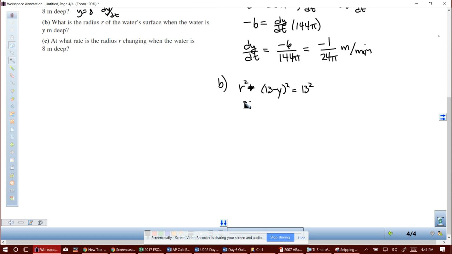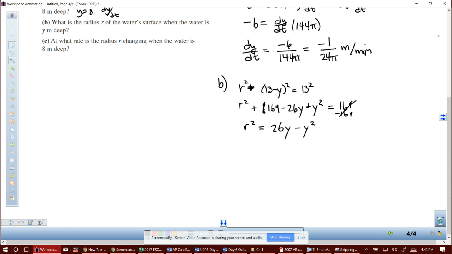And then I worked on simplifying this a little bit. So radius squared plus, that is going to be 169 minus 26y plus y squared, and that equals 169. Scratch that out. I'll move everything to the other side and minus 169, so those cancel, and that gives me r squared equals a positive 26y minus y squared.